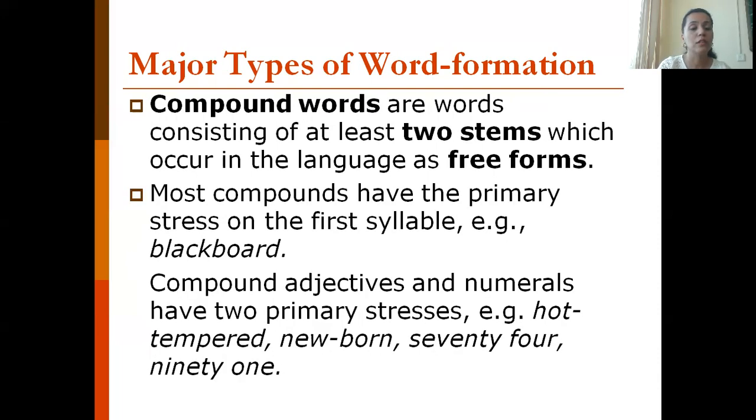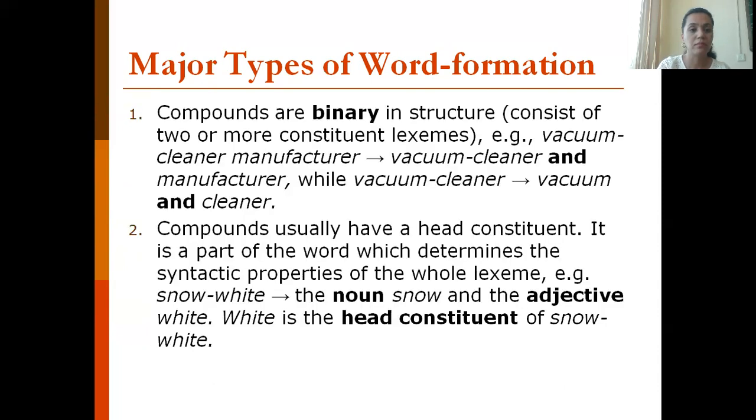Compound words are words consisting of at least two stems which occur in the language as free forms. Most compounds have the primary stress on the first syllable. For example, blackboard. Compound adjectives and numerals have two primary stresses: hot-tempered, newborn, 74, 99, 36, and so on.